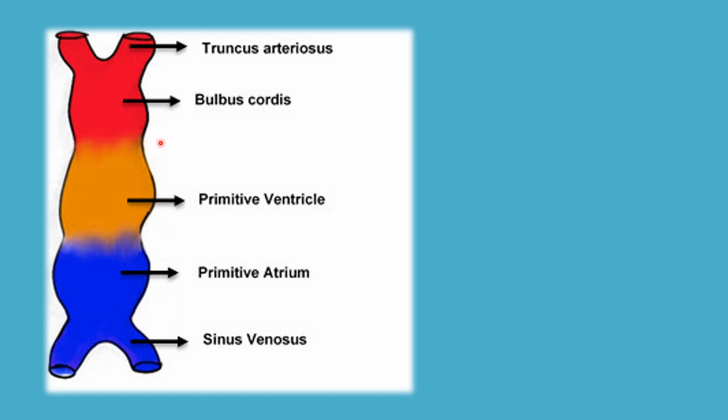The first constriction appears between the bulbus cordis and the primitive ventricle, and the last constriction separates the bulbus cordis from the truncus arteriosus.